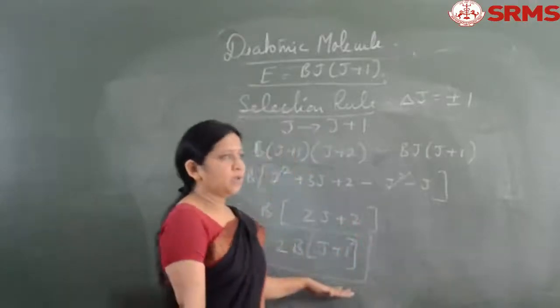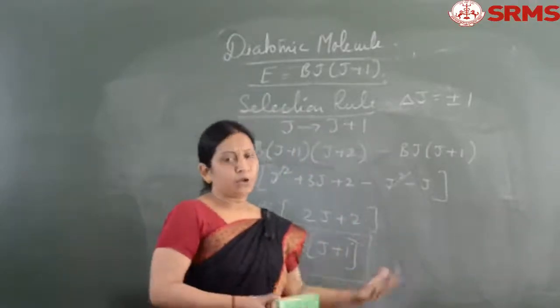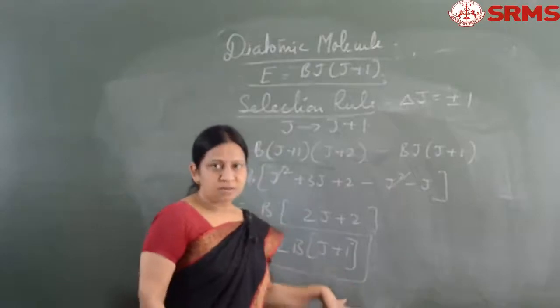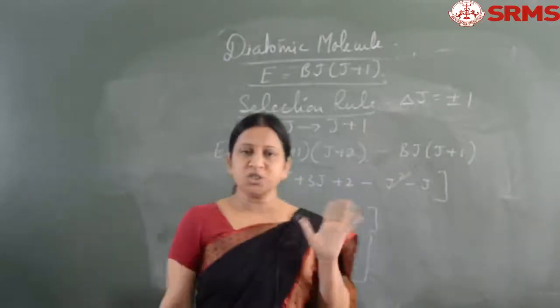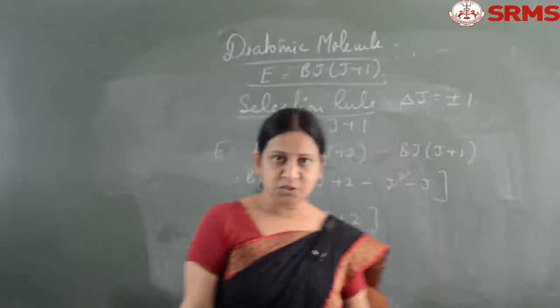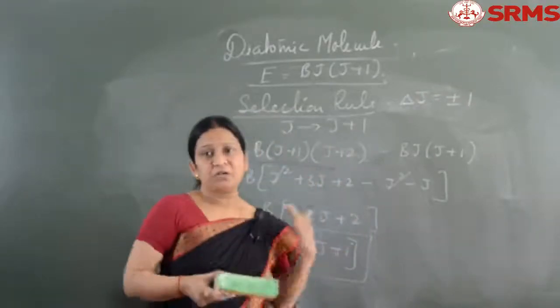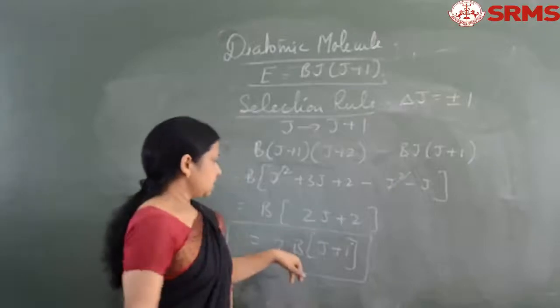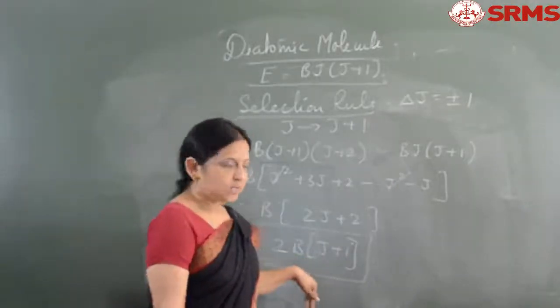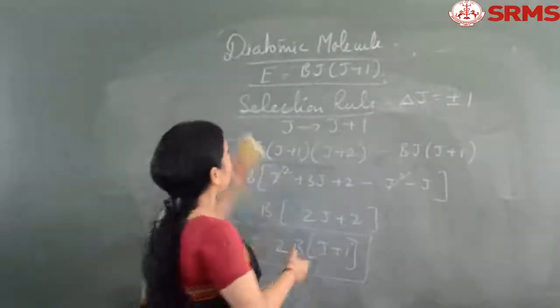In whatever spectra we consider, for rotational changes or rotational spectra, this equation is going to remain the same, which is 2B(J+1).